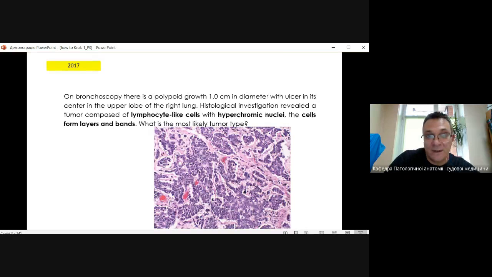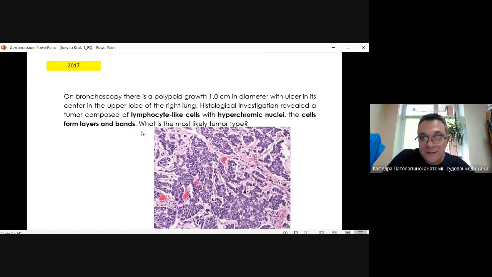The next question, that's about the bronchoscopy. Then there is a polypoid growth 1.0 centimeter in diameter, with ulceration in its center in the upper lobe of the right lung. Histological investigation revealed a tumor composed of lymphocyte-like cells, which means small cells, right, with hyperchromic nuclei, and the cells form layers and bands or sheets.